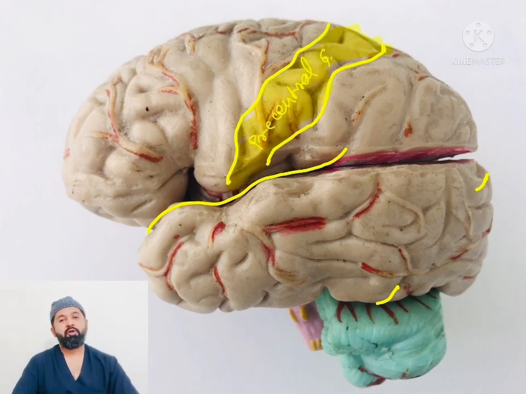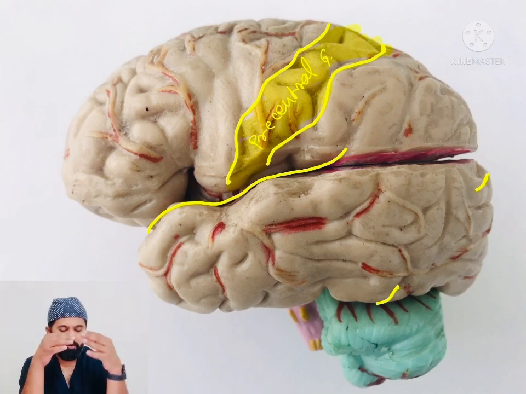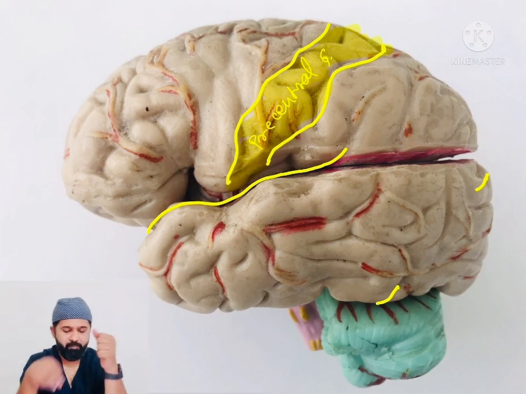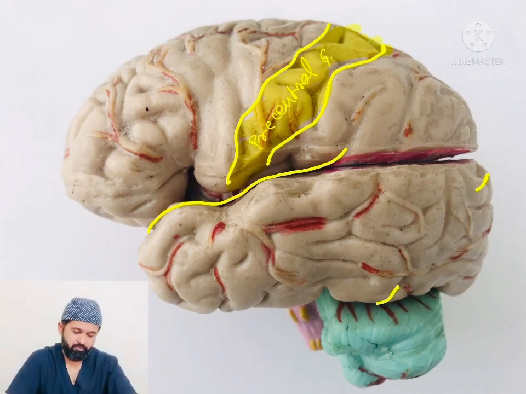This primary motor cortex has a representation of the opposite half of the entire body. Stimulation of the primary motor cortex produces specific movements on the opposite side of the body, and it has a representation in an inverted form. This is known as the motor homunculus.